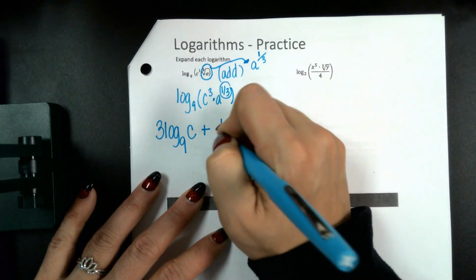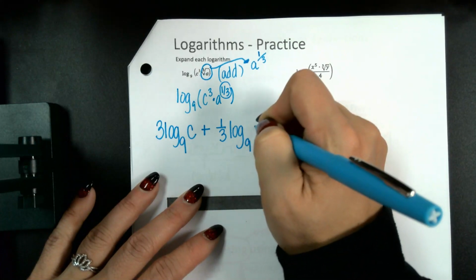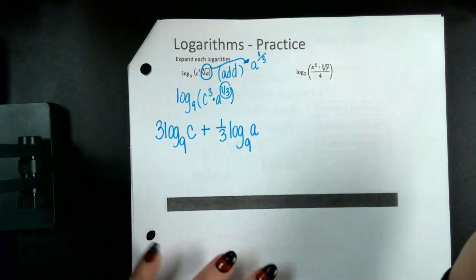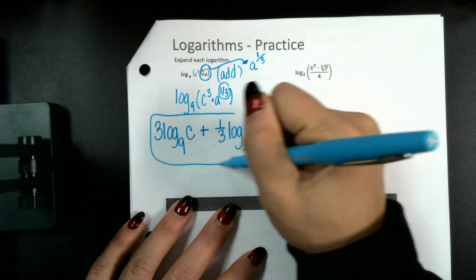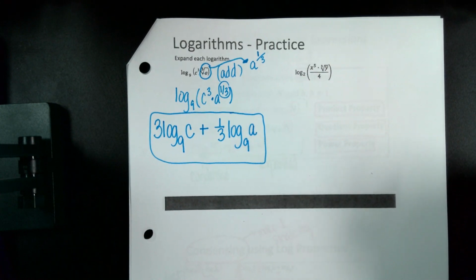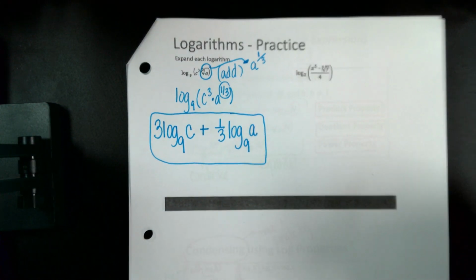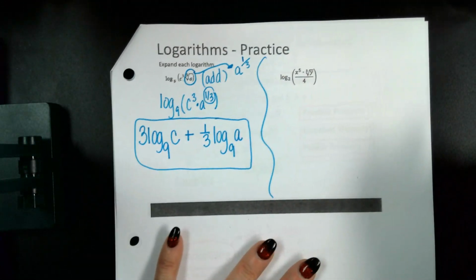So I'd have 1/3 times the log base 9 of A. And then we have 1 more to go.